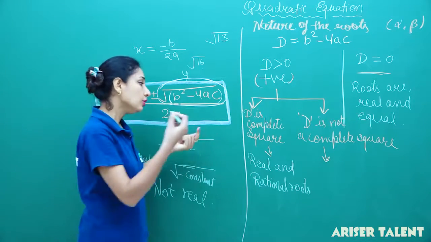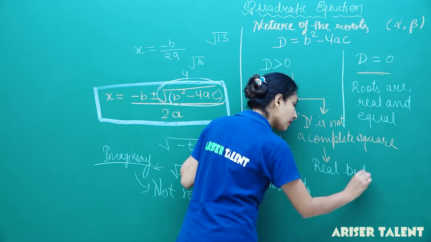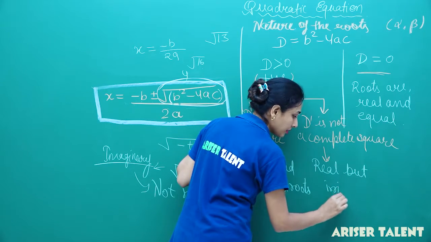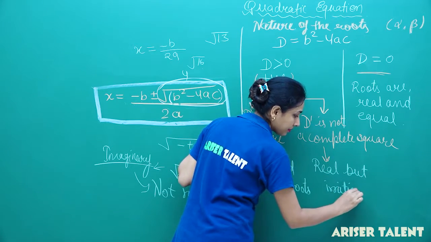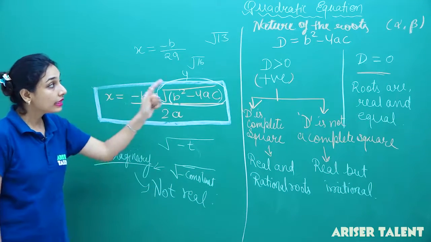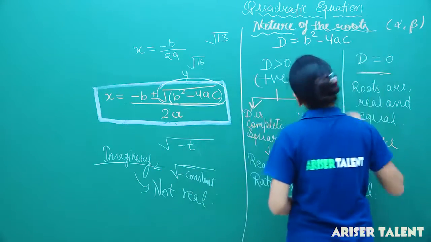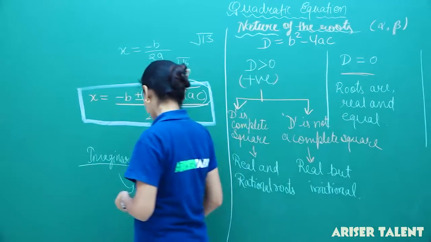An irrational number. So the roots will be real for sure, but irrational. Okay, so these are the conditions. These are the nature of the roots, alpha, beta.